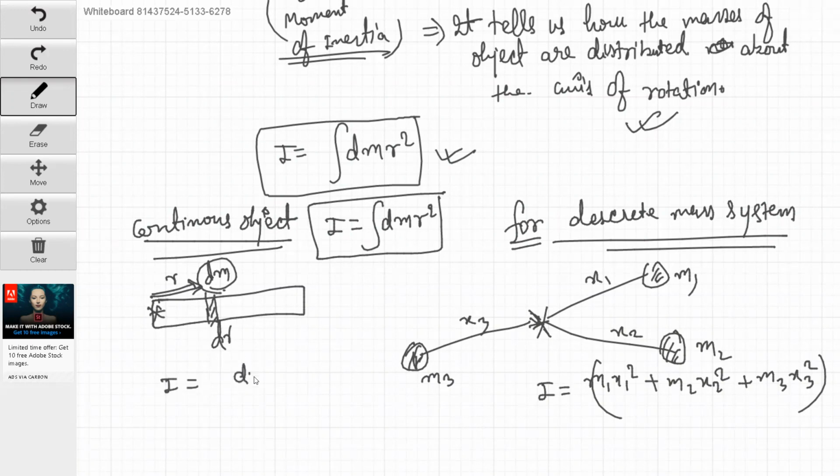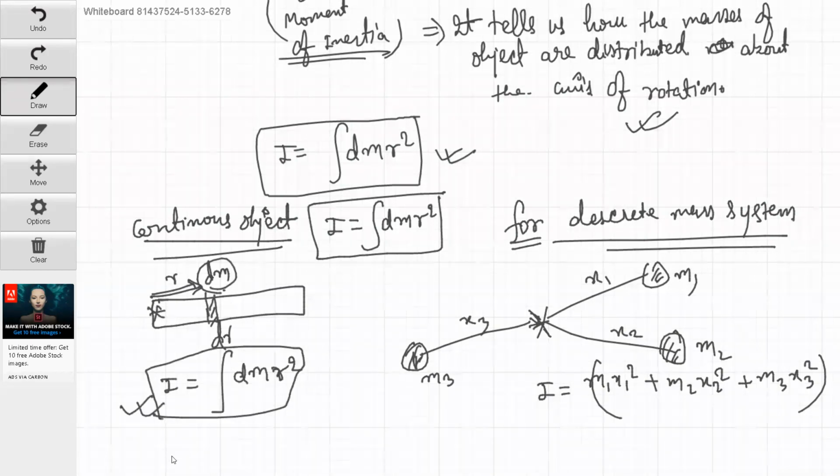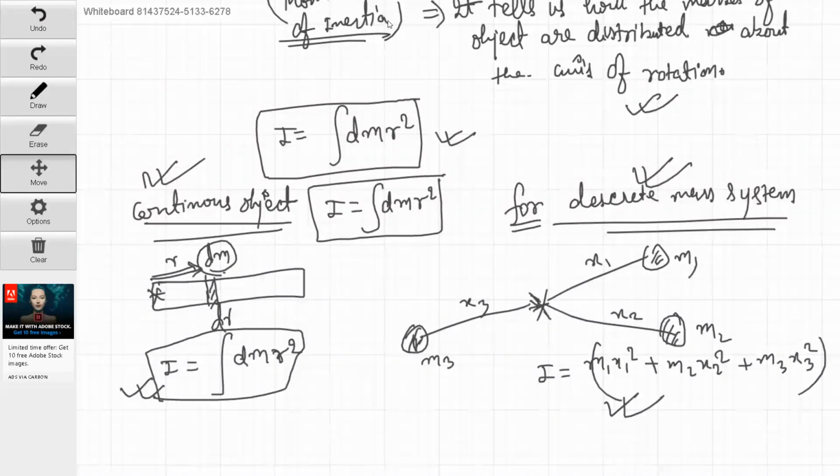Moment of inertia for this dm will be equal to dm into r square. And if you integrate it, you will get the total moment of inertia of the rod. Is this all right? So this is for continuous object, and for discrete mass object, this is the moment of inertia. Hope you understand.